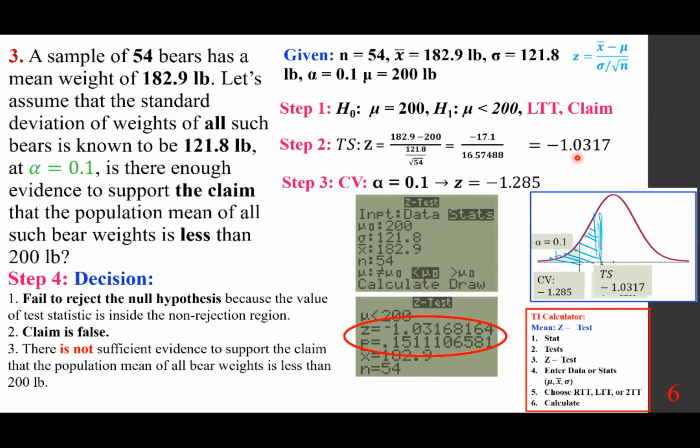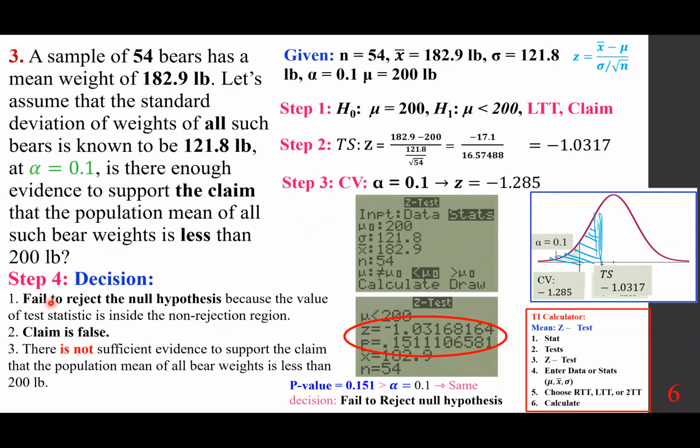It's very close. Here's the p-value. The p-value is 0.151, let's say, which is larger than alpha of 0.1. Because it's larger, we have the same decision, which means fail to reject the null hypothesis.